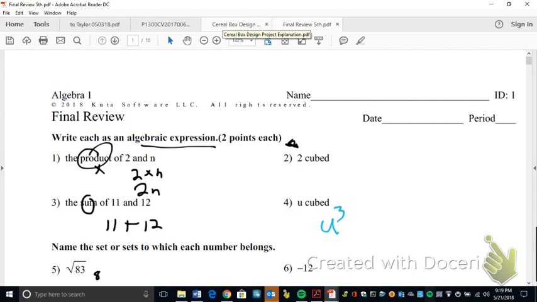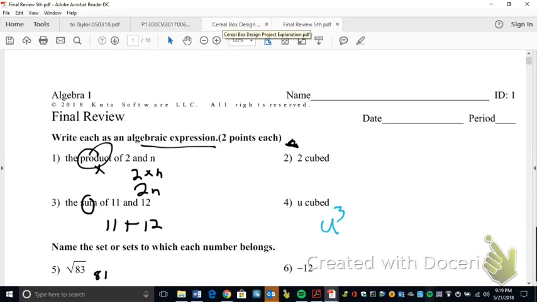Moving on. Name the set or sets to which each number belongs. Again, there's going to be maybe one or two of these on the final, so don't fret. We have real numbers, then rational and irrational numbers. The difference is that rational numbers can be expressed as a terminating or repeating decimal.